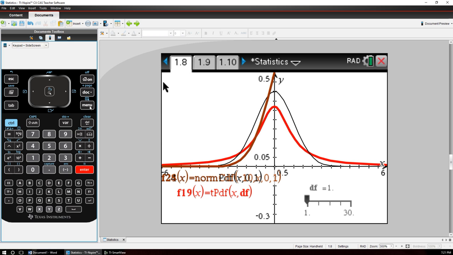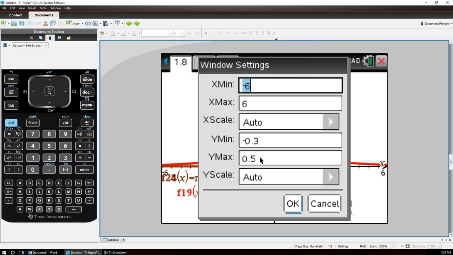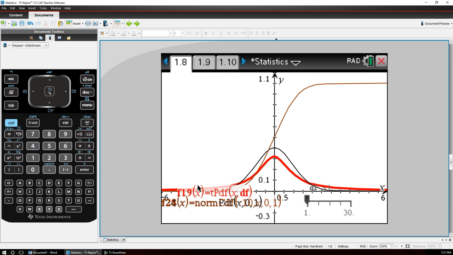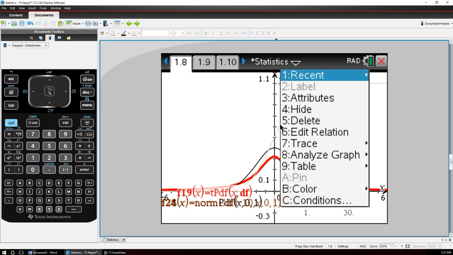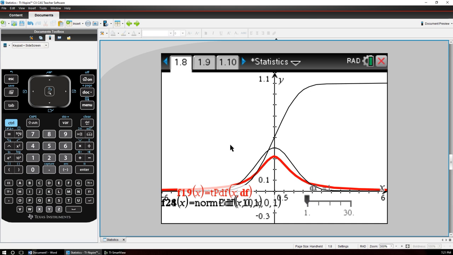Okay, and I need to change my window now. I'm going to go up to 1.1. Take a look at that. All right, so there is our standard normal. Again, let's make it black.